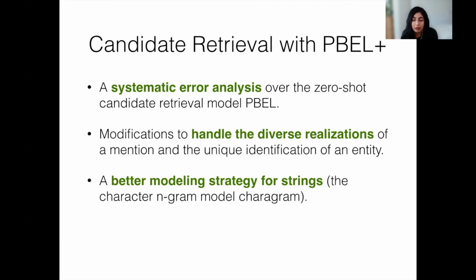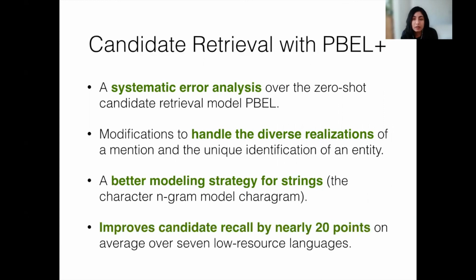The adapted model results in a significant improvement in recall over 7 low resource languages. With this improved candidate recall method, in the last part of the talk, I will discuss how these candidate lists can be incorporated into neural named entity recognition models to improve performance in low resource settings.